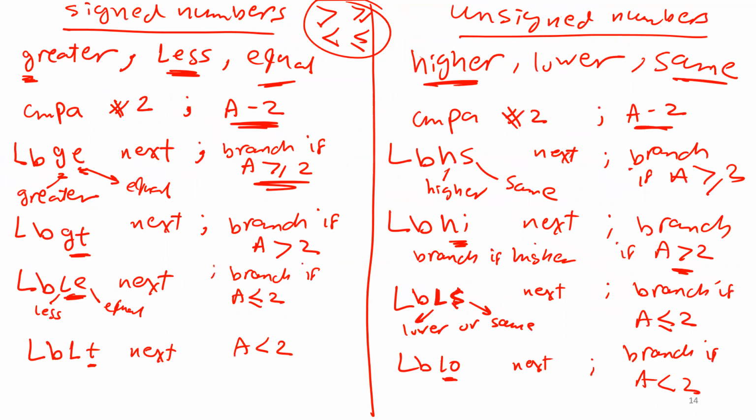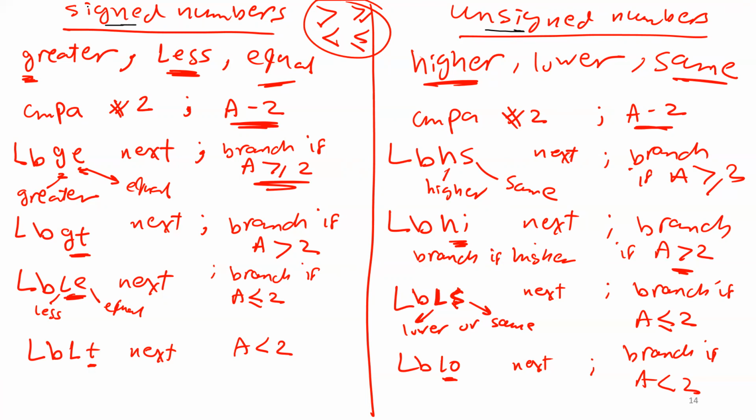So let's see what we have here. Look here, guys. We have greater, greater or equal, less, less than or equal. Your number can be signed or unsigned. In case of signed, we use the English words greater, less, equal, just to differentiate between signed and unsigned.